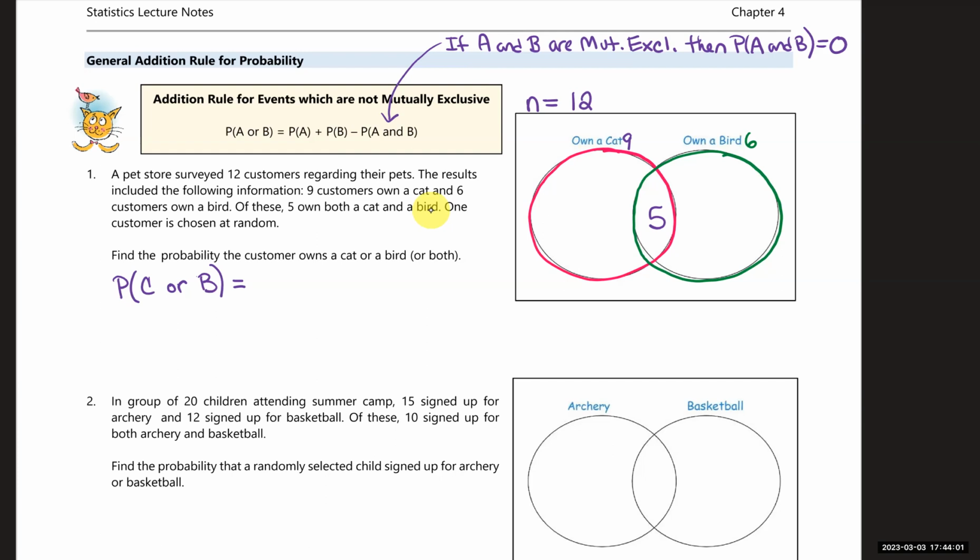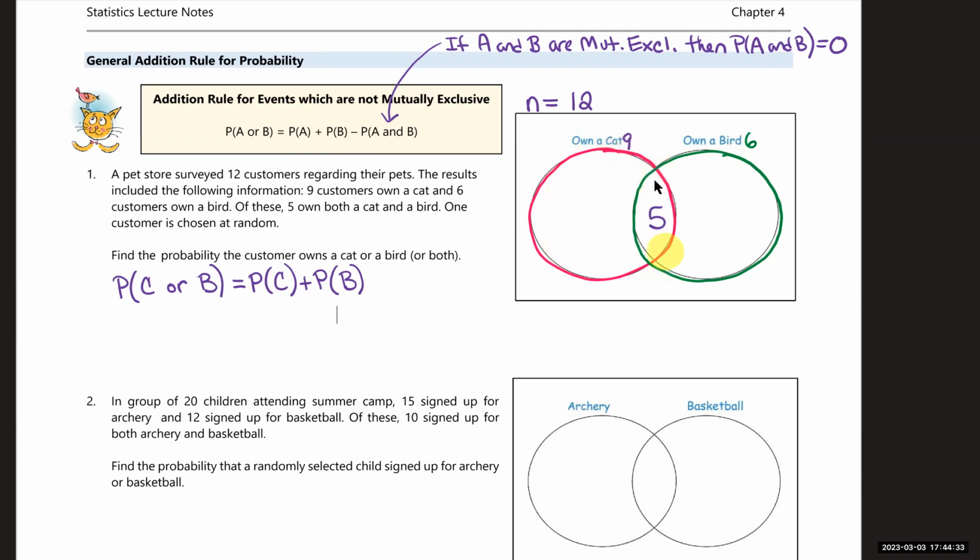Okay. So just with that information, we can move forward using the addition rule. The probability of cat or bird. It starts like the last example. We would take the probability of the first event, the probability a person owns a cat, and include everybody that owns a bird. The problem with that is if we just add those two together, 9 people own a cat, and that would be counting those 5 people.